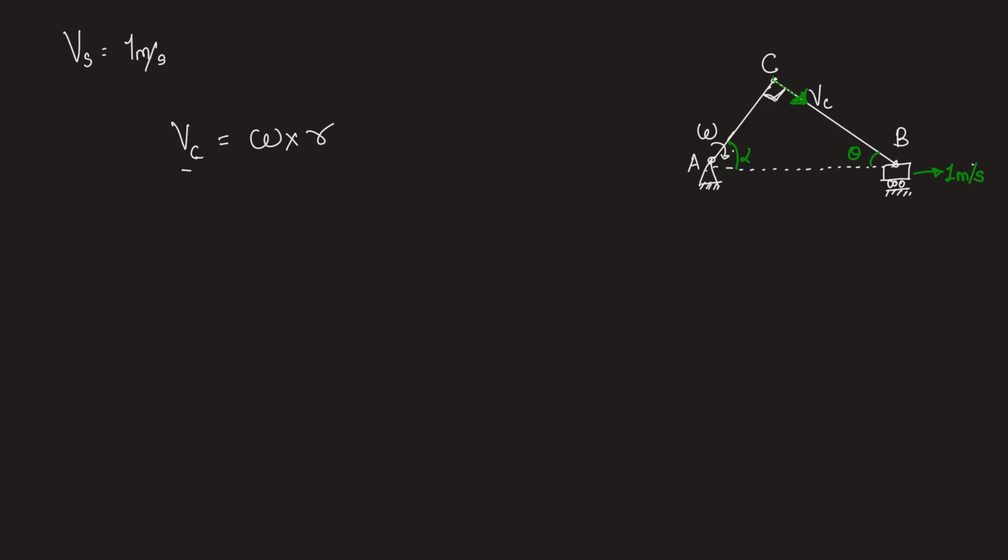So if we manage to find VC, we can find omega. Omega will be simply VC by R. And R we already know, length of crank rod, which is 3 meter. We need to find VC in meter per second now.